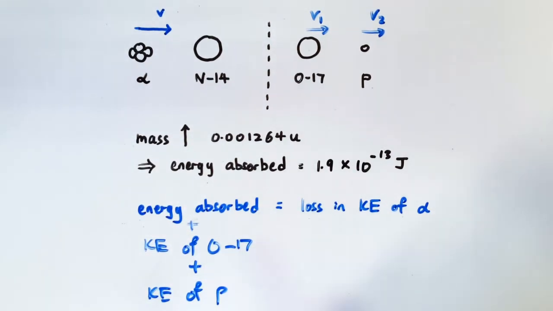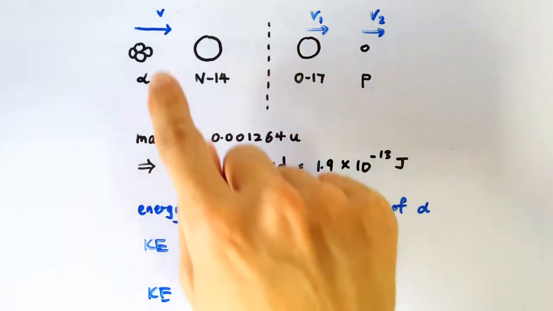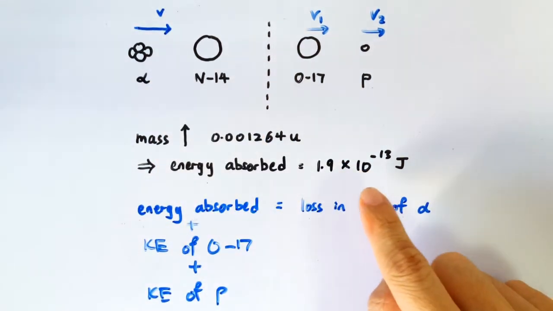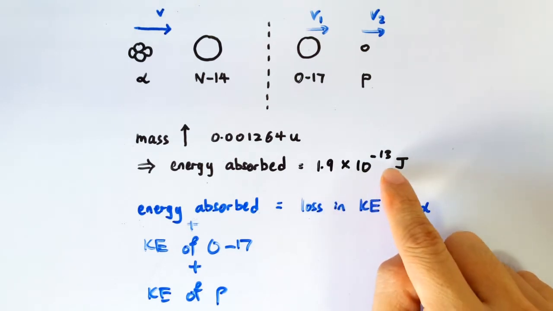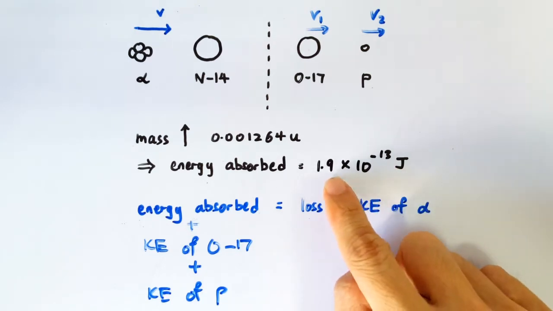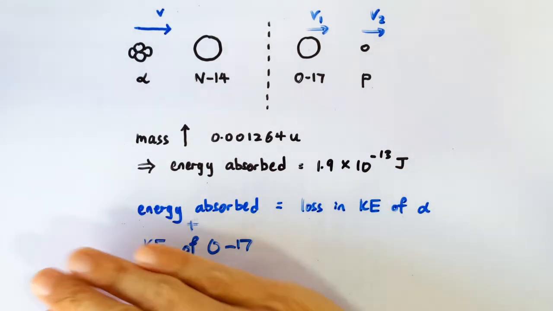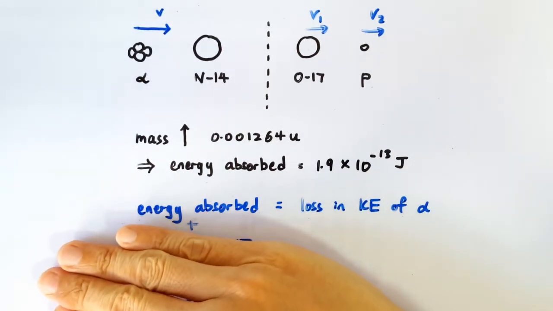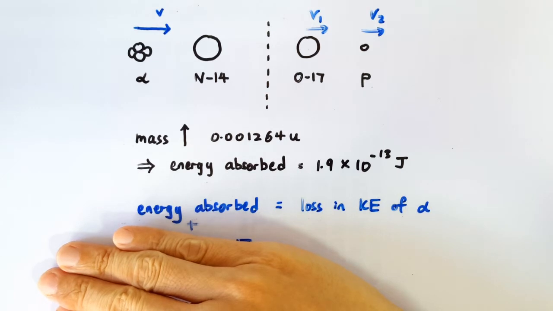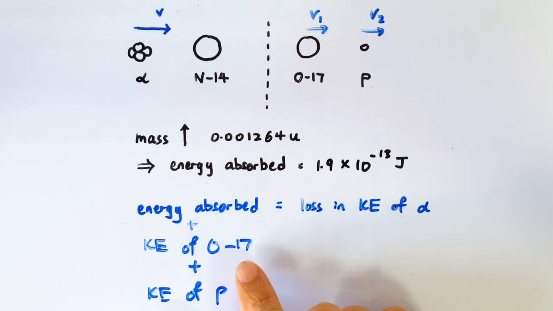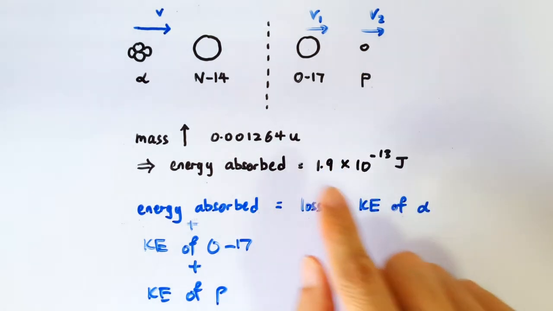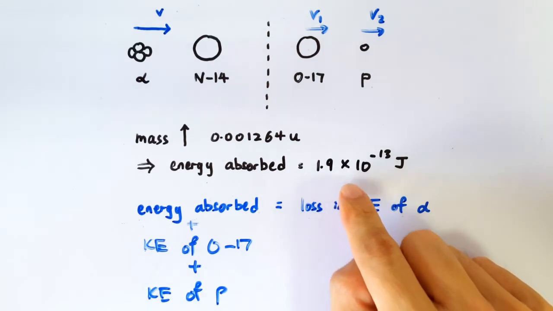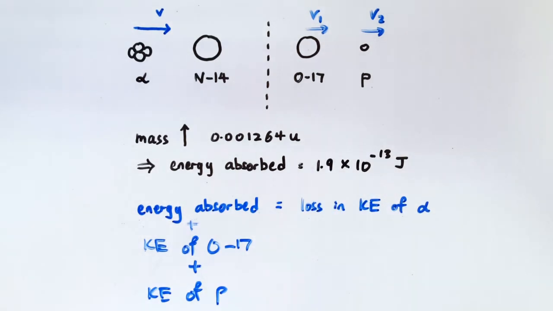So that tells us that the alpha particle must have an amount of energy that's more than 1.9 times 10 to the power of negative 13 joules, because this amount is only enough to provide for the required gain in energy of the nucleus. But now that we know it must also provide for the KE of the products after the reaction, we realize that the alpha particle must have more than this amount. Okay, that's it.